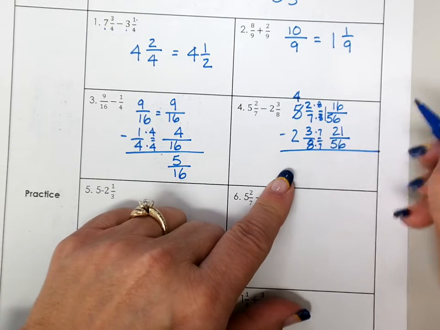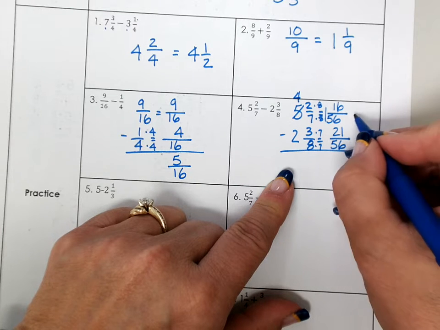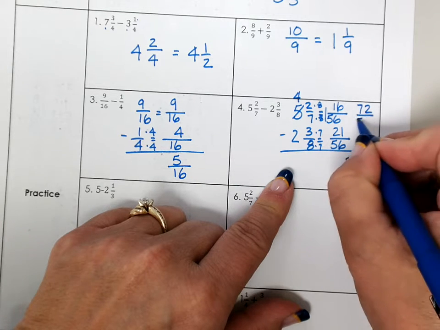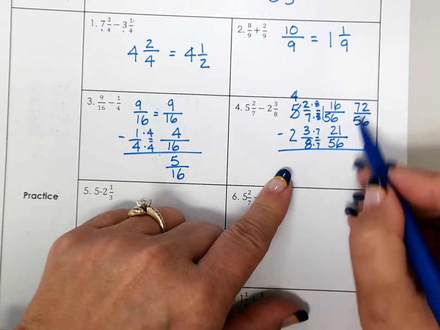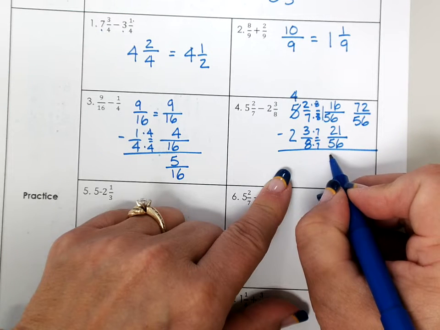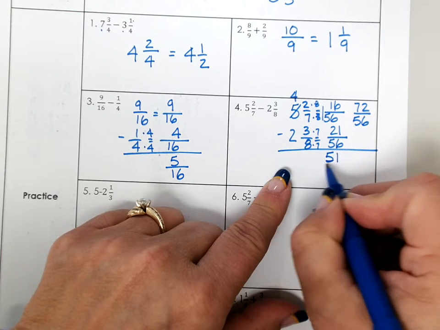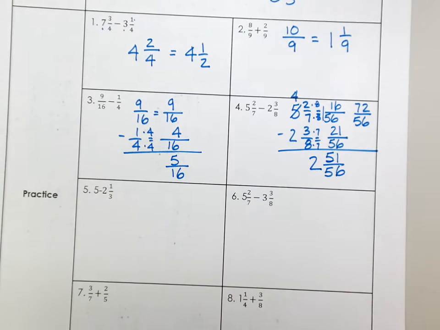That's my whole 1. 56 times 1 is 56. 56 plus 16 is 72 over 56. Now I'm going to subtract my 72 minus 21, and I'm going to get 51 over 56. 4 minus 2 is 2, and I don't believe that I can reduce that.